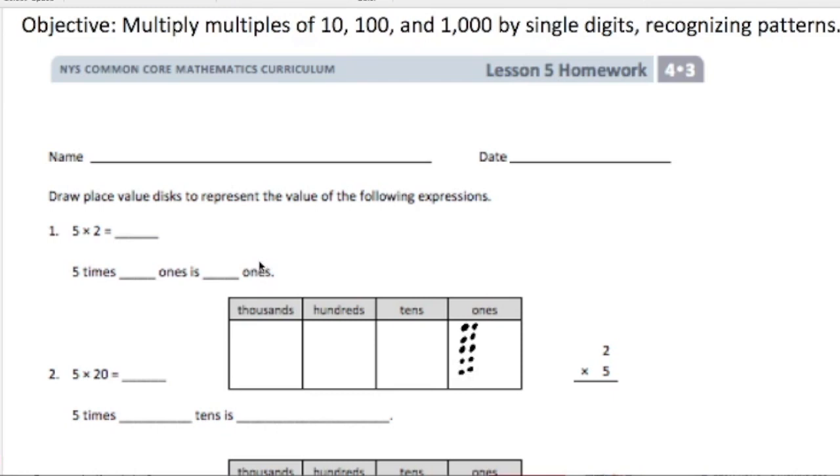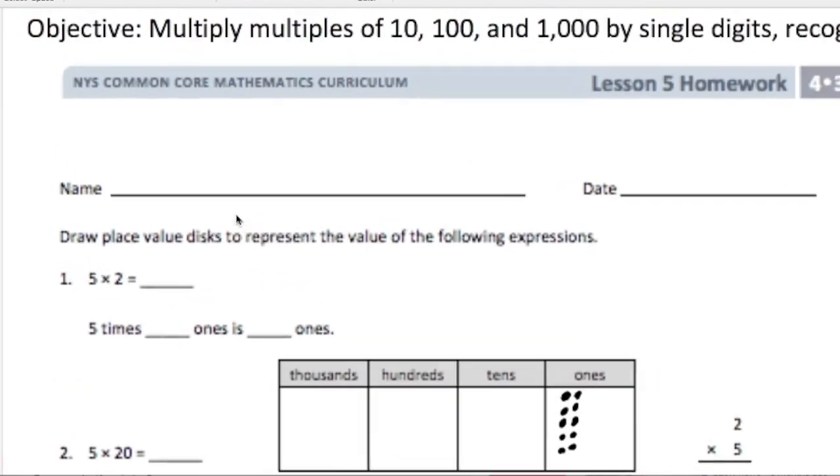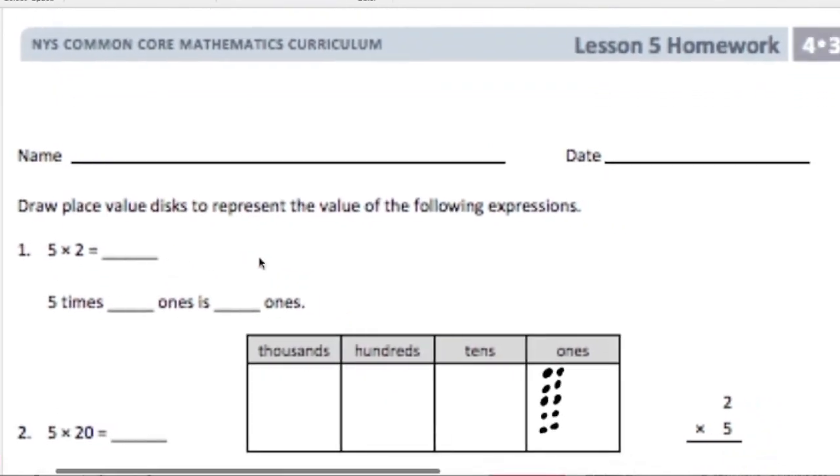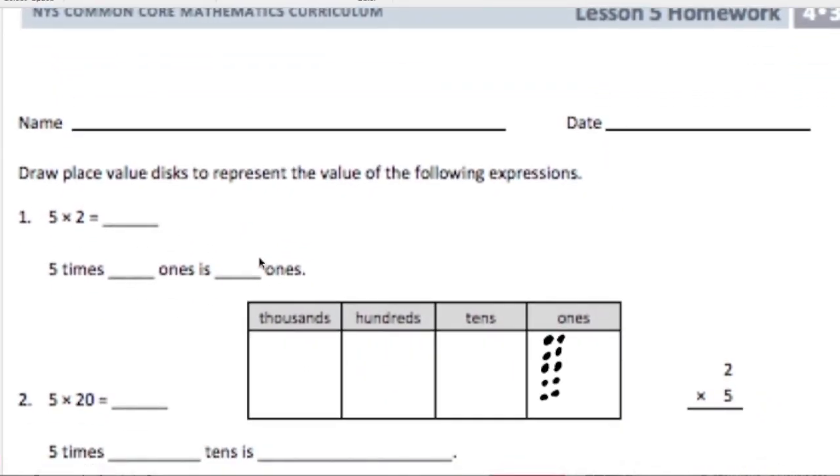Let's see if I can make this a little bigger. 5 rows of 2 is 10. So 5 times 2 is 10.